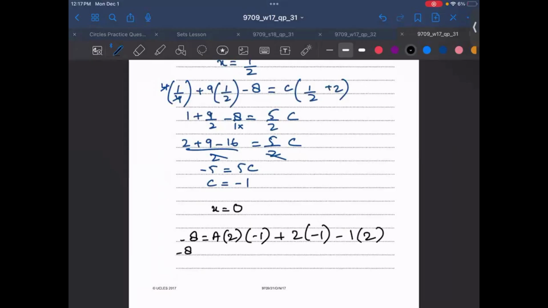So we'll get minus 8 is equals to minus 2a minus 2 minus 2. This will become minus 8 and plus 4 is equals to minus 2a, minus 4 is equals to minus 2a. So the value of a will be equals to positive 2.